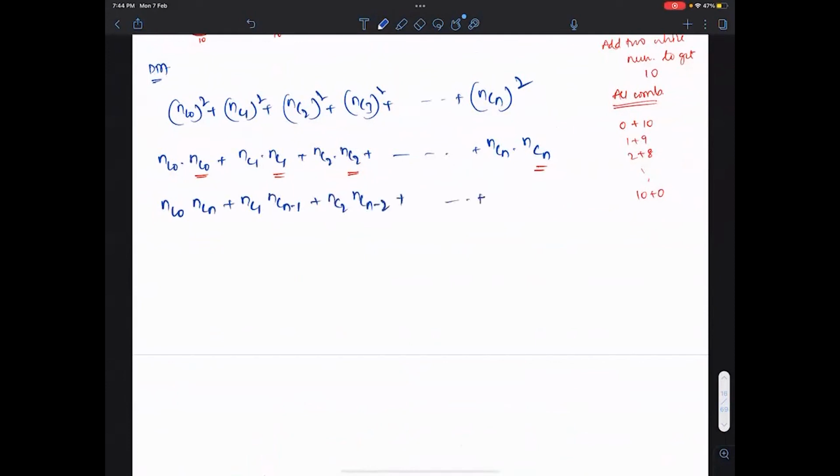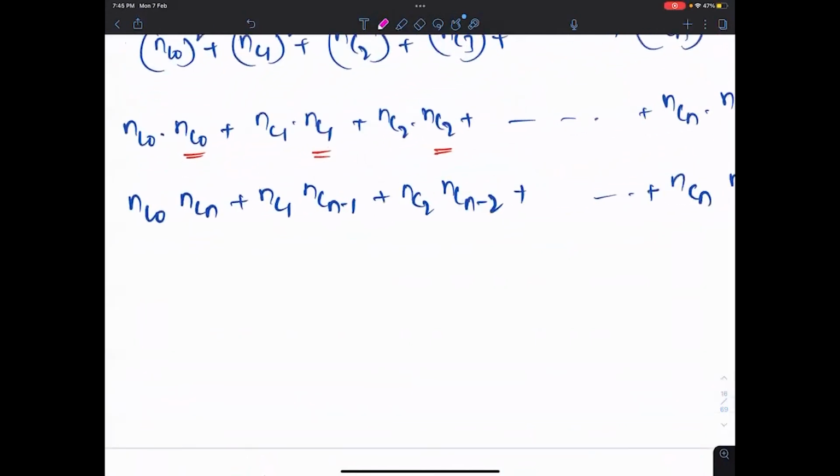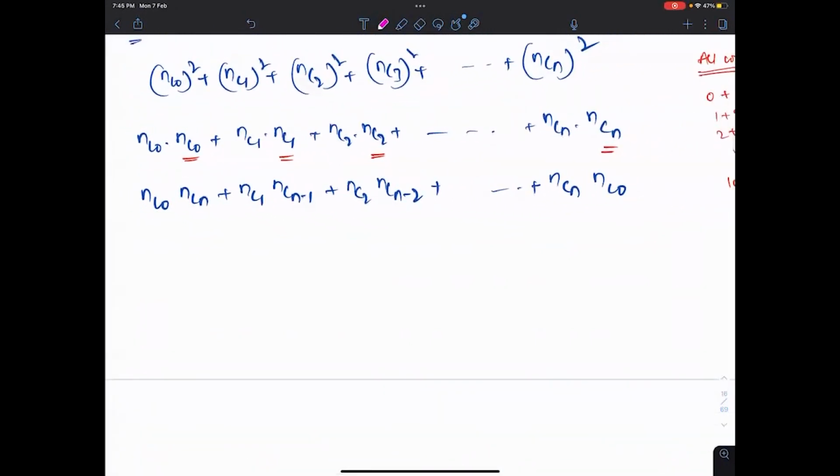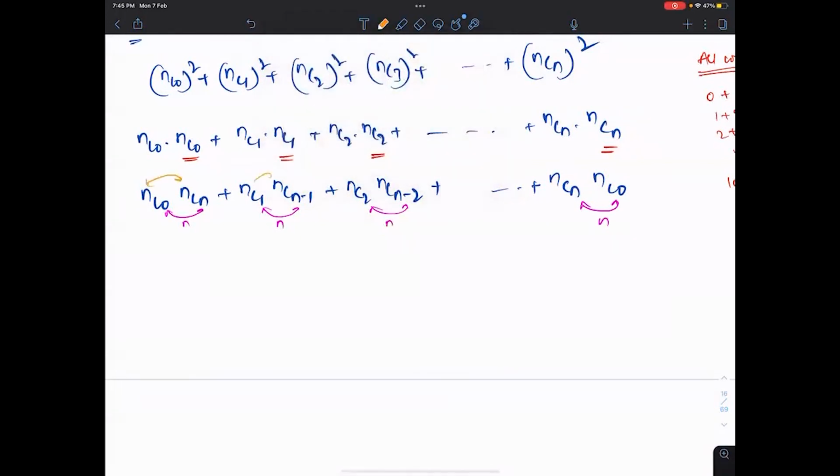Are you seeing something now? Once you use that formula for one of the binomial coefficients in each term, you will observe that the bottom sum is always n. It is just like the above one only. If you add the bottom ones, it is always n. If you add the top ones, it is always 2n.